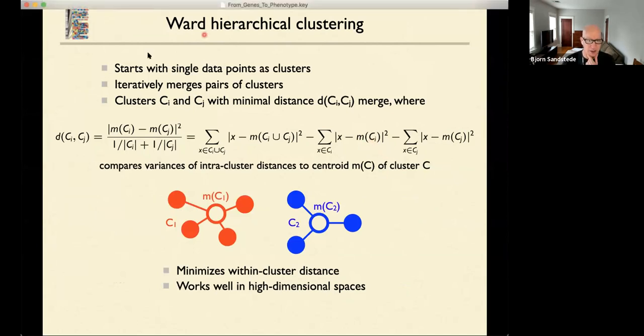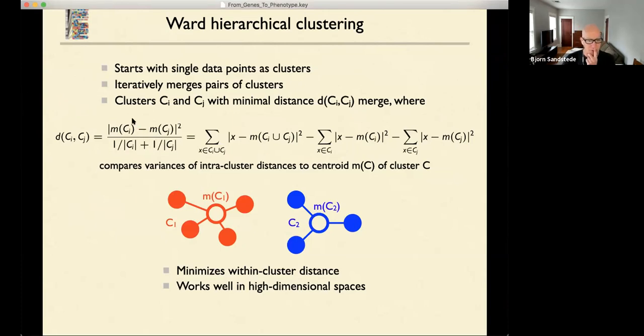Ward clustering turns out to be great because it works well in high dimensional spaces. We're essentially in a 17,000 dimensional space. It starts with single data points as clusters, so you have as many clusters as data points, in our case 81. Then you iteratively merge pairs of clusters, and the way that you merge them is by one of two equivalent formulas.